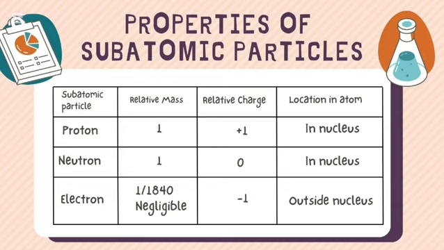Neutron has a relative mass of 1, no relative charge, and it is also found inside the nucleus. Lastly, electron, which has a relative mass of 1/1840, or you could say negligible, a relative charge of -1, and it is found outside the nucleus orbiting in shells.